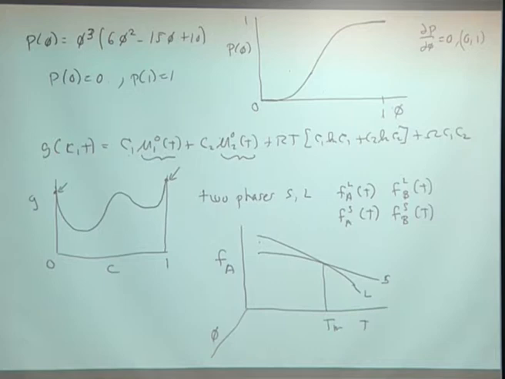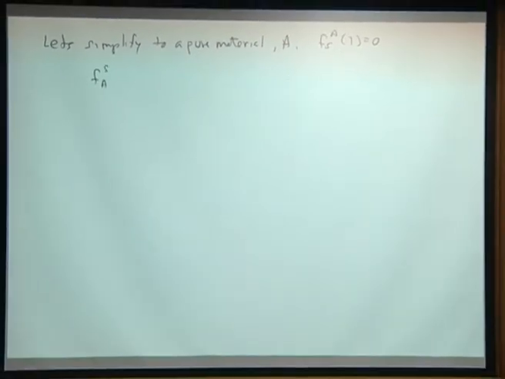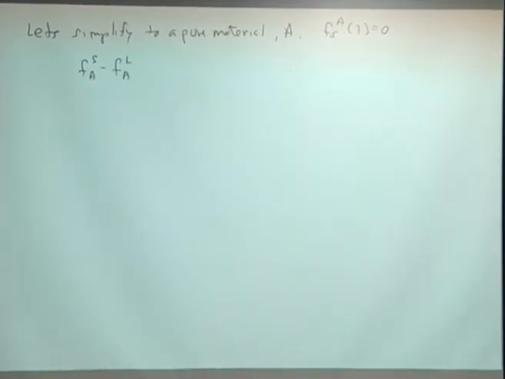And so what we're going to do is we're just going to set the free energy of the solid equal to 0. And the free energy of A in the solid minus free energy of A in the liquid is going to be equal to L, so L is the latent heat.